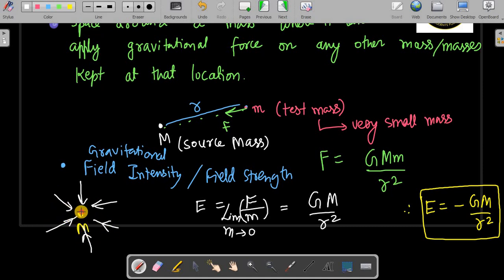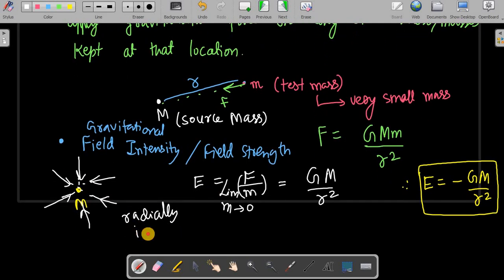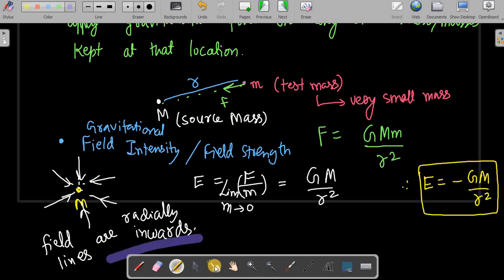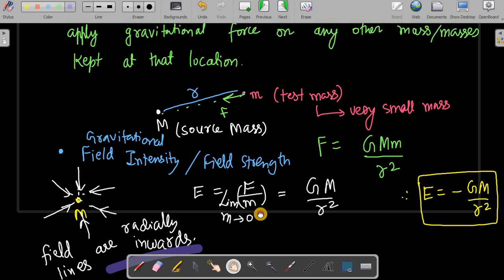These are the lines radially inward. These are called field lines. Field lines are radially inwards.